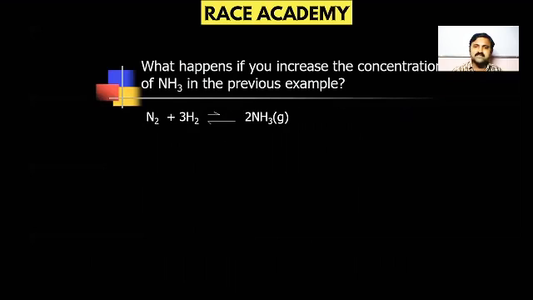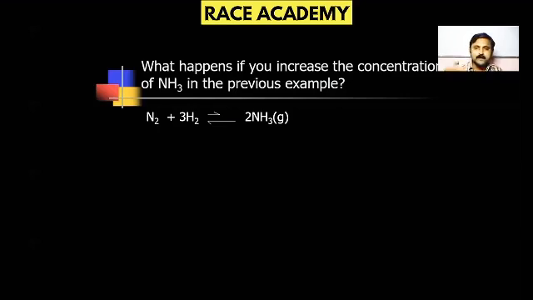Next, what will happen if you increase the concentration of NH3 in the previous example, the ammonia preparation? NH3 is present on the product side, so with its concentration increased, the backward reaction arrow length is increased. That indicates that equilibrium shifts in the backward direction to reduce its concentration.